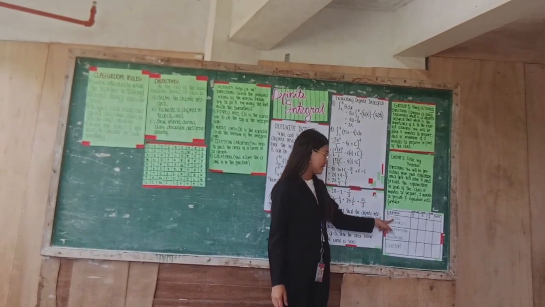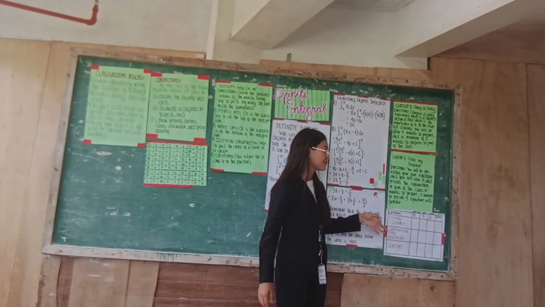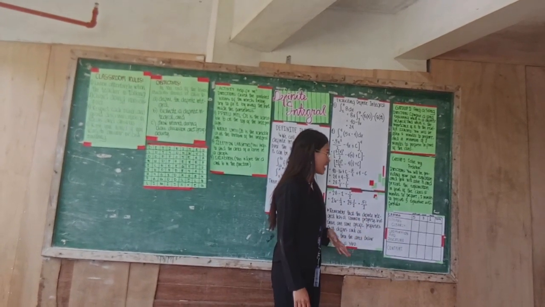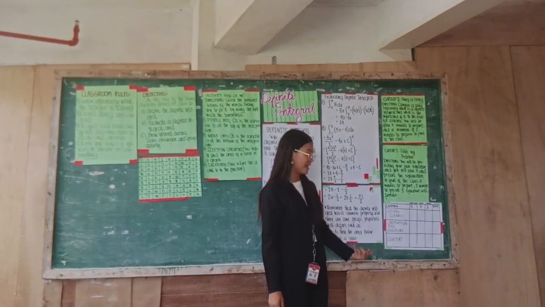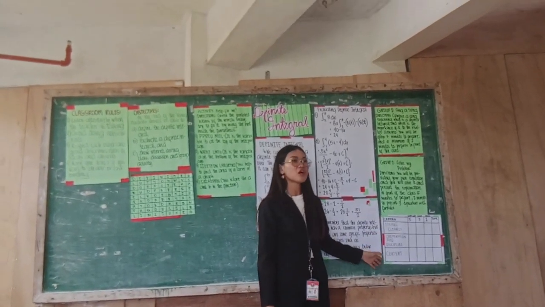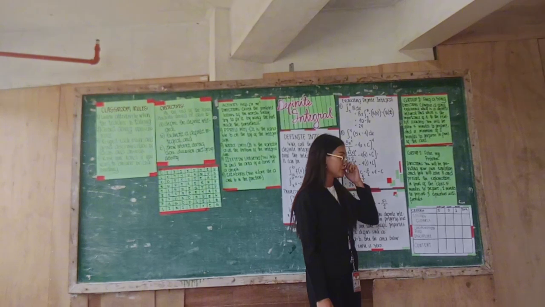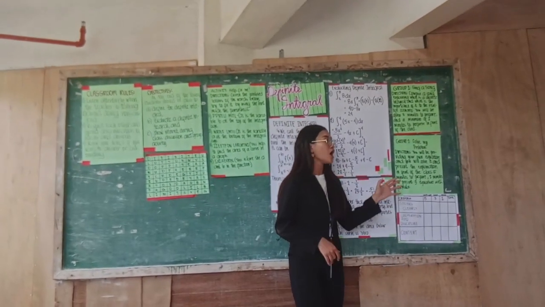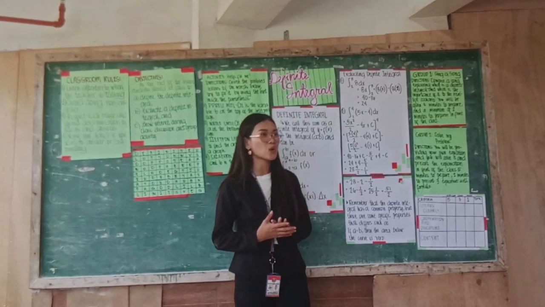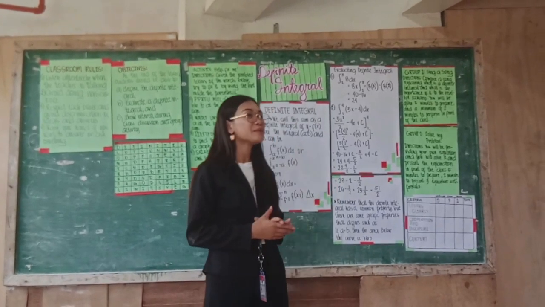Speaks clearly: very good is 5, good is 3, and poor performance is 1. Then cooperation and discipline, and the content, because it is important for you to have the correctness of your activity. So all in all, if you got a perfect score, then you will have 15 points.